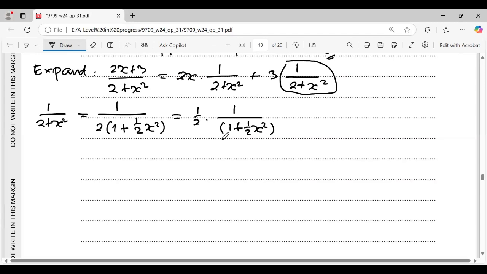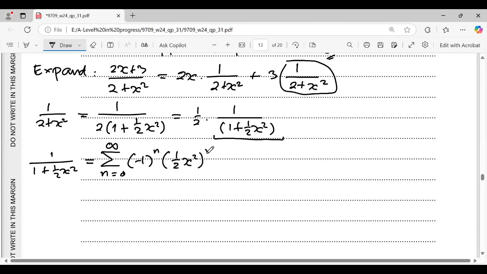So I would like to expand this part. Okay, 1 over 1 plus 1/2 x squared becomes sigma n equals 0 to infinity, minus 1 power n, 1/2 x squared power n.